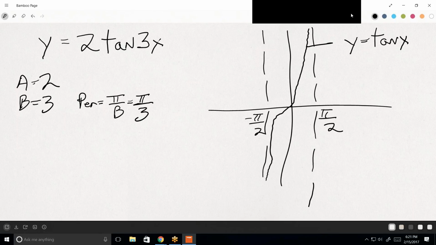Now, in order to get a period of pi over 3, the fact that the 3 is over 1 means it's a horizontal shrink. This is a vertical stretch, the 2, but the 3 is a horizontal shrink. What that means is between my new asymptotes I have to have a period of pi over 3.